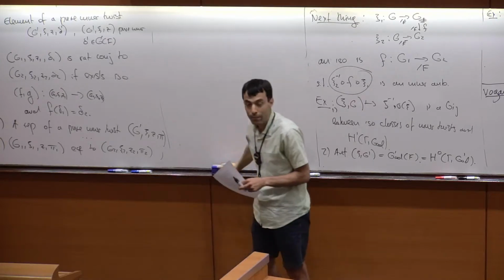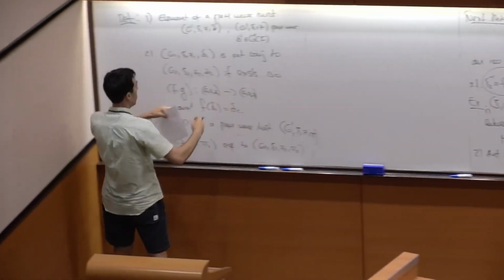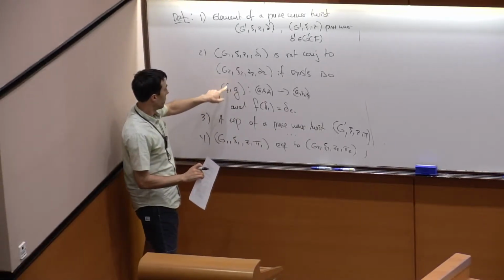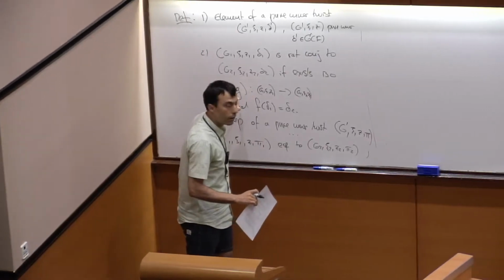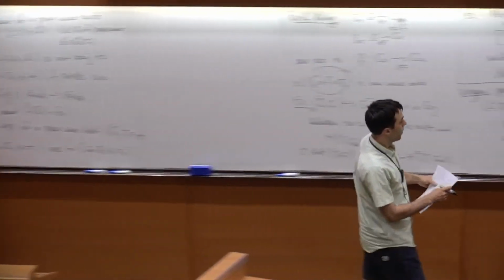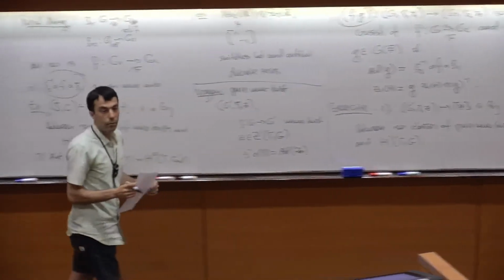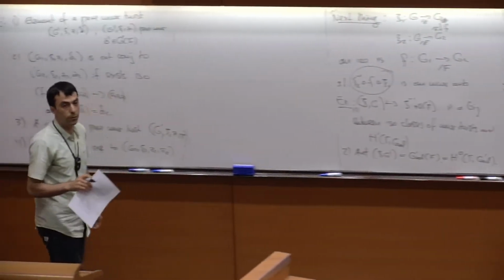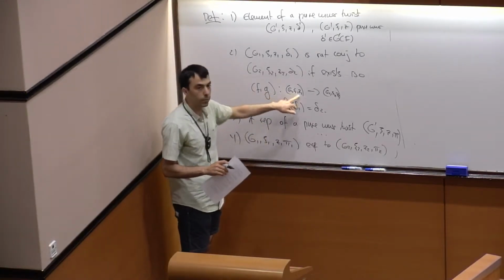What is what? F comma G? Is that the question? It's this. It's an isomorphism from the one pure inner twist. The tuple F comma G is an isomorphism from the one pure inner twist to the other.